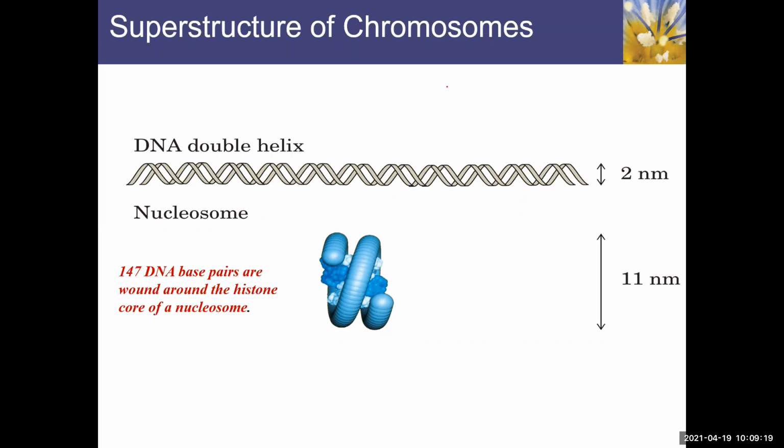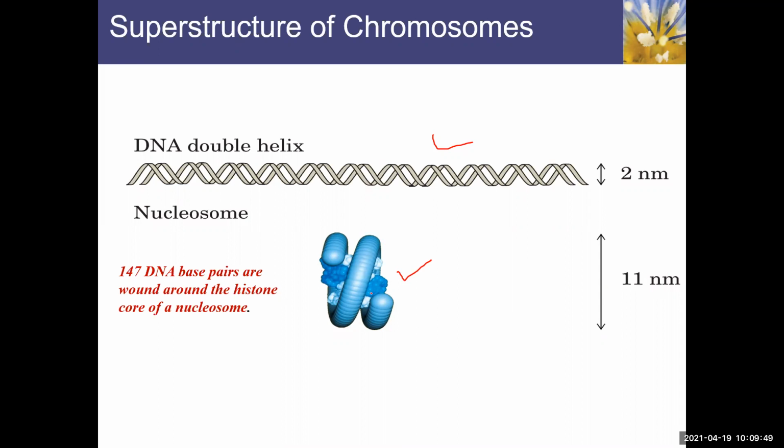We are just discussing the basics of DNA. So the organization is important. When the double helical structure is wound around the octamer of the histone proteins, it forms a nucleosome, the 11 nanometer nucleosome. It is the first order packaging.